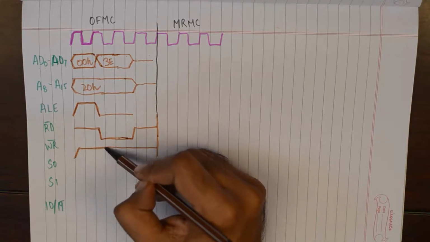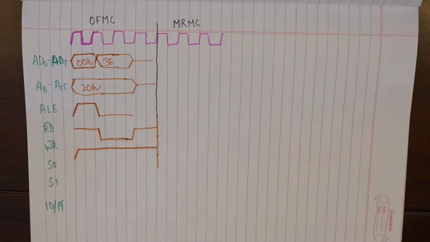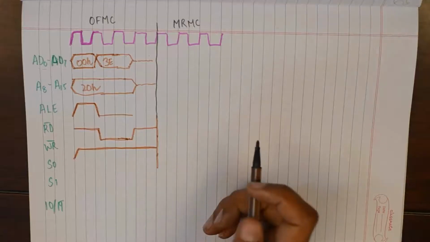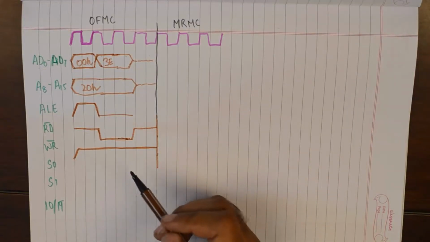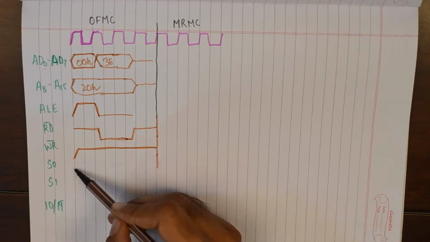Inactive would be shown as active high, and the value of S0 and S1 would be 1 for the opcode fetch machine cycle.